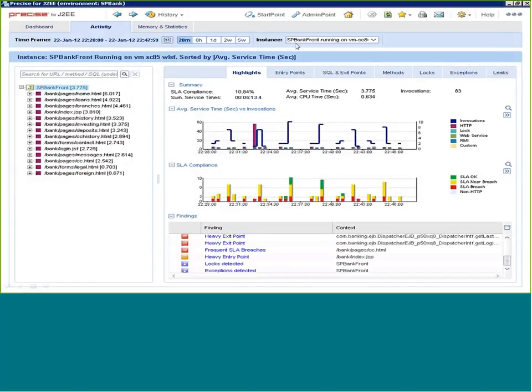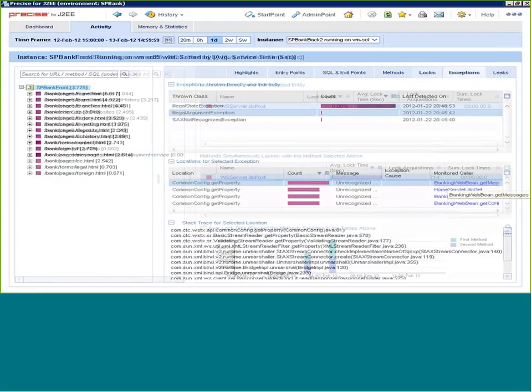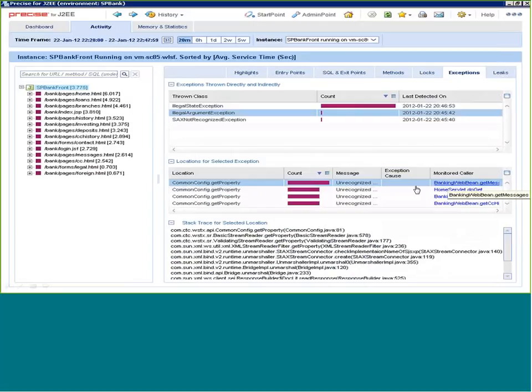Now, in this case, I'm looking at a particular instance. I also support clustering. And so if you have numerous JVMs running, we can either look at the cluster as a whole or look at bottlenecks within an individual JVM. And I can get into logging. I can get into exceptions. An exception is a little bit different than a performance problem.